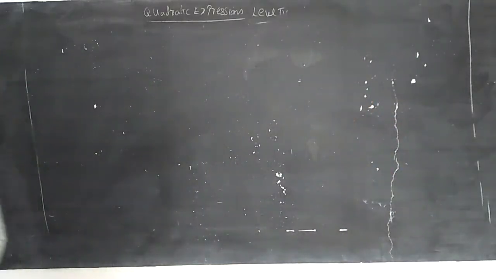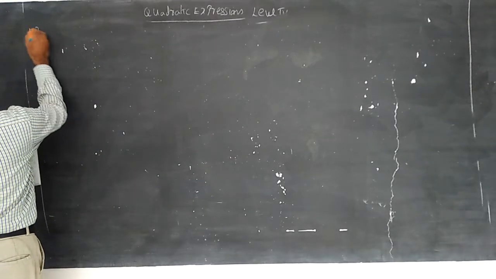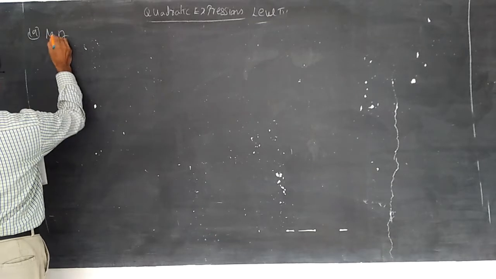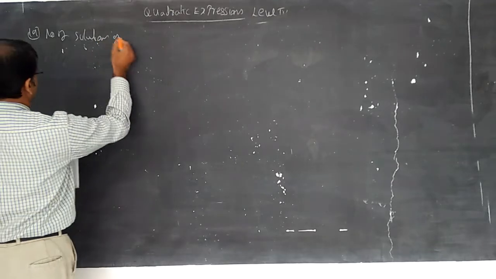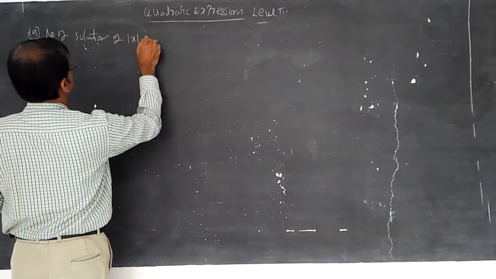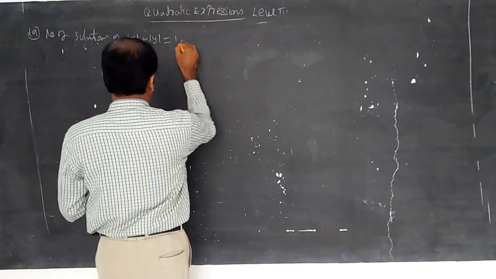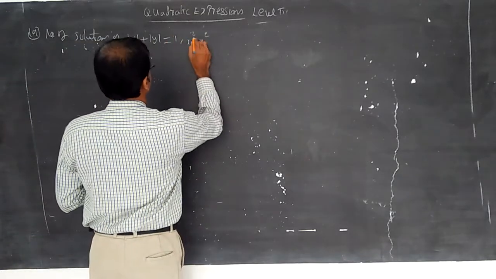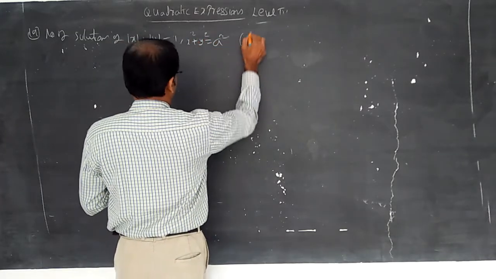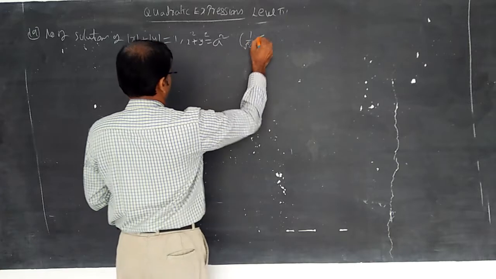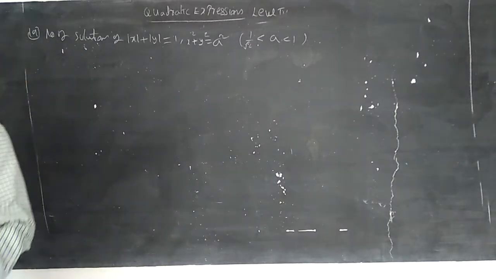The number of solutions of the system of equations given below: mod x plus mod y equal to 1, mod x square plus y square is equal to a square, where 1 by root 2 less than a less than 1. So how many solutions are there?